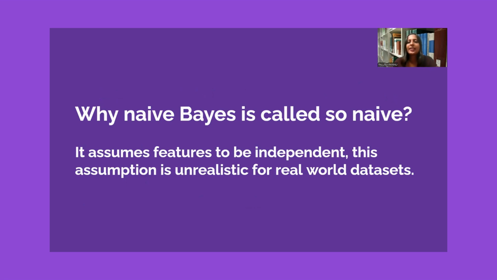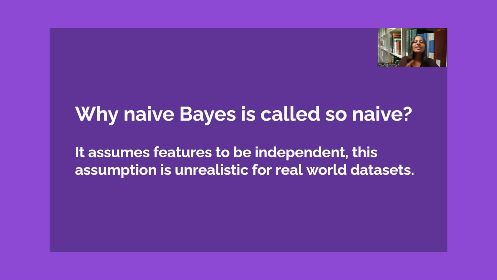Next, you might come across this question. People ask you in interviews why naive-Bayes is called so naive. It assumes features to be independent, right? So you have a data set with multiple features, and it is assuming that each feature is independent.